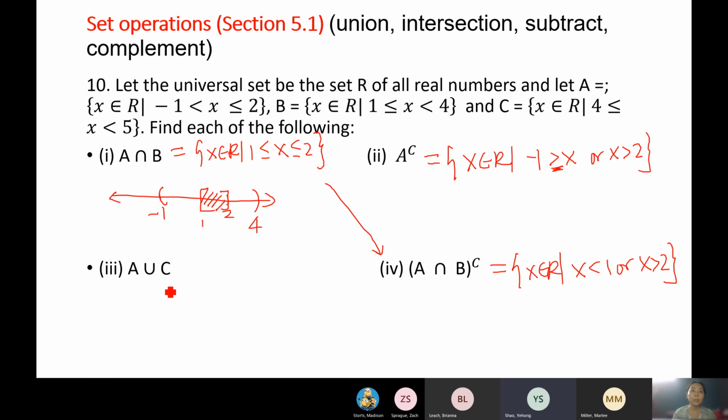Okay. Now A union C, we can draw a number line. A is from -1 to 2, and C is from 4 to 5. And union means all of them. So it's going to be here, here. Wait, hold on. Did I miss something? What's C?